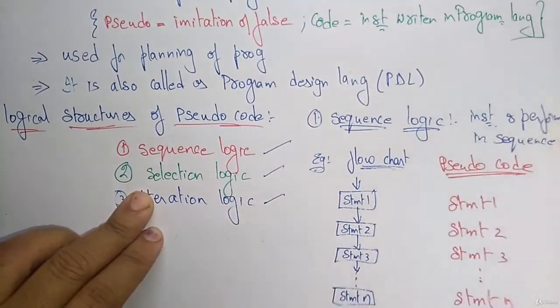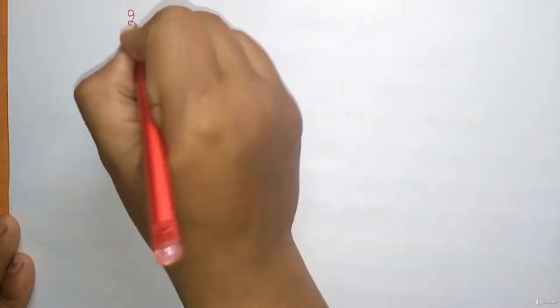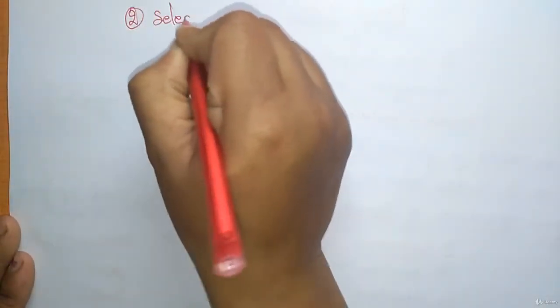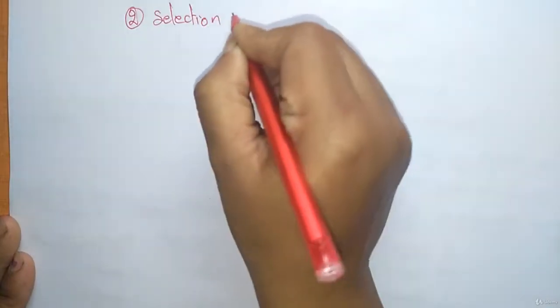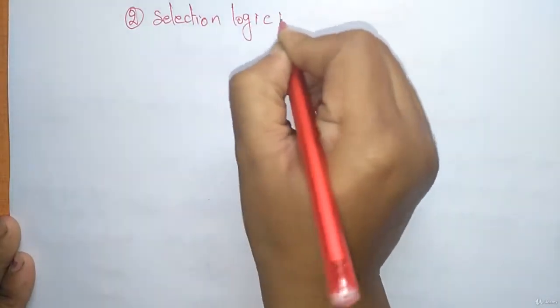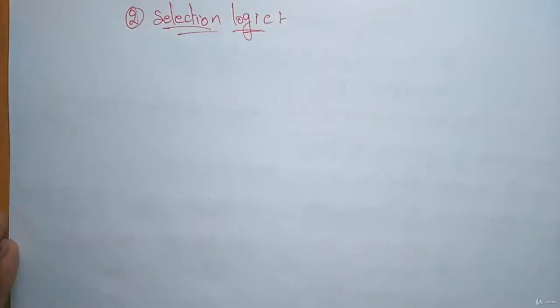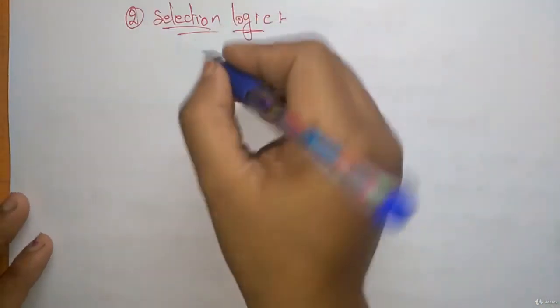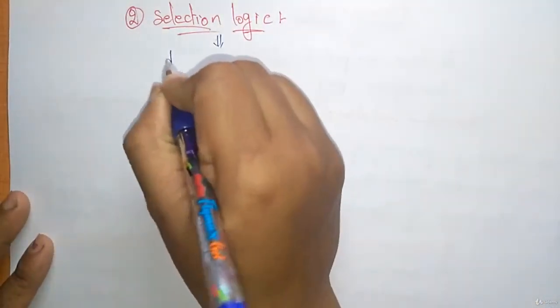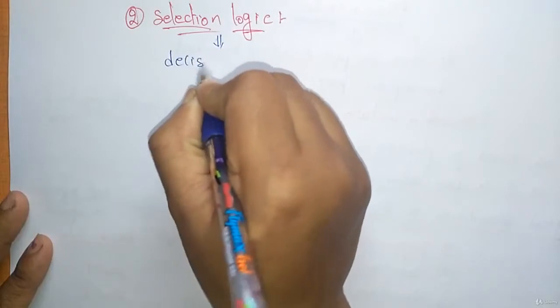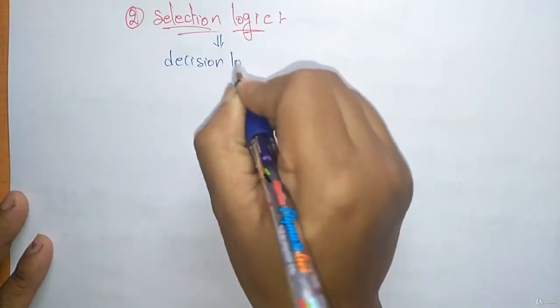Now let us see the second one, selection logic. The name selection means you are taking decisions. It is also called decision logic.